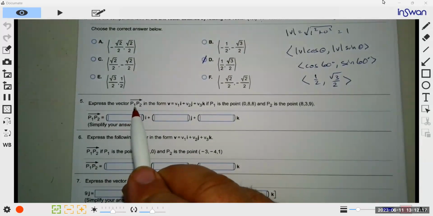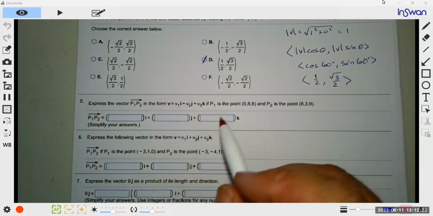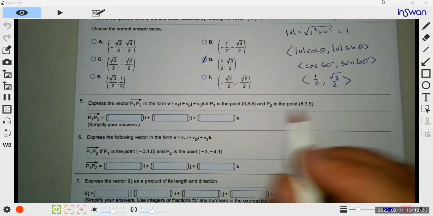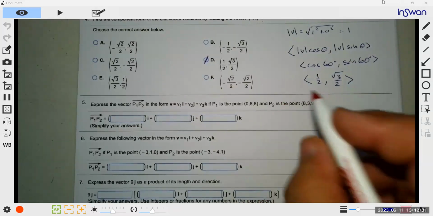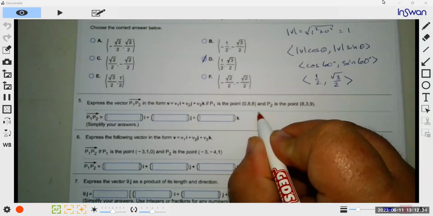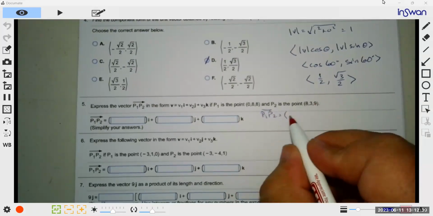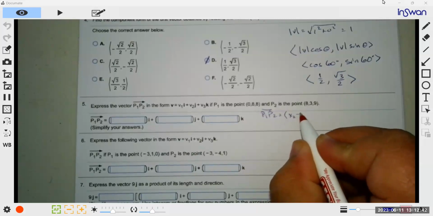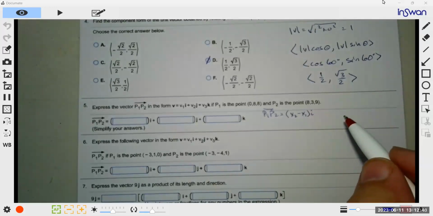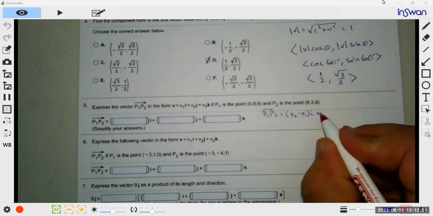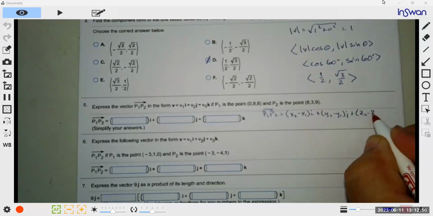Express the vector direction of P1P2 in component form, if P1 is the point 0, 8, 8 and P2 is 8, 3, 9. What that's saying is P1P2 is always the second minus the first: x2 minus x1 i, y2 minus y1 j, z2 minus z1 k.